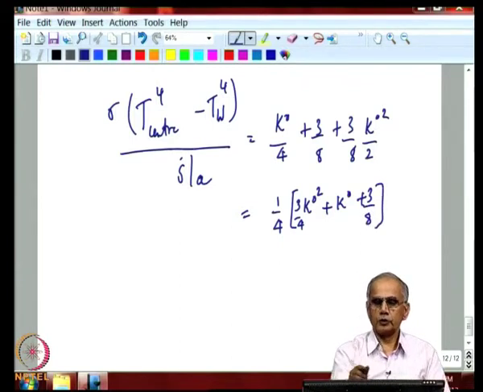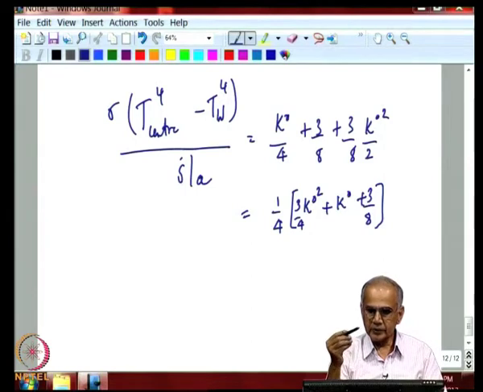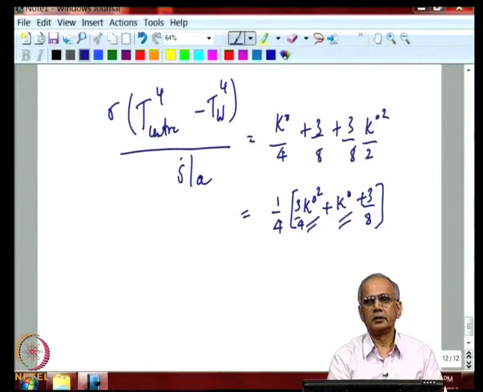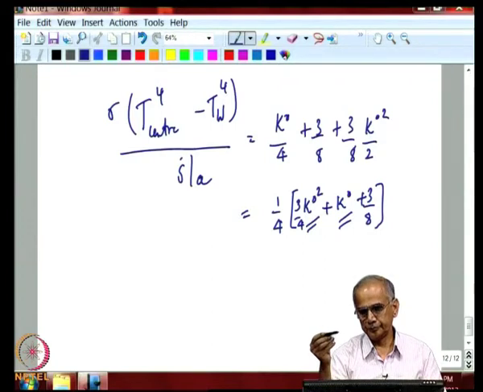And this is what shows clearly that the center line temperature goes on increasing as the optical thickness increases, because the gas must get rid of the heat generated inside the furnace continuously, whatever the optical thickness, and hence the temperature difference between the center line and the wall has to go on increasing.